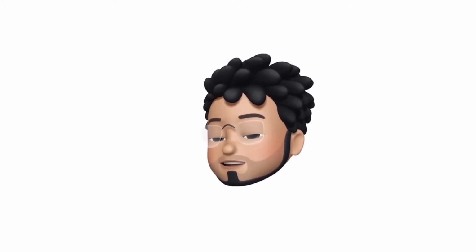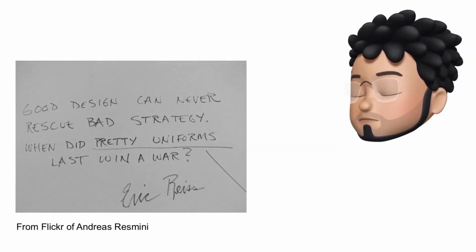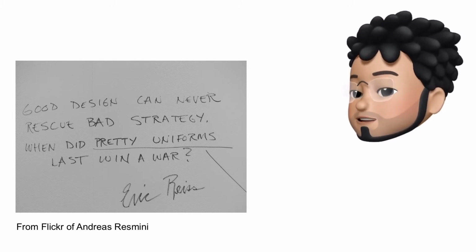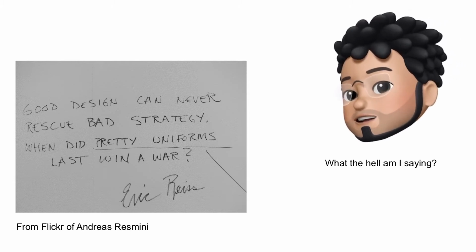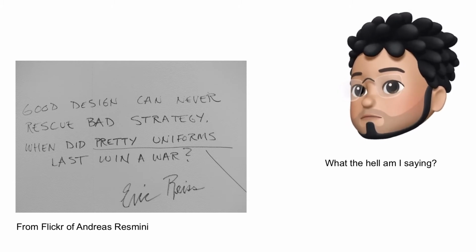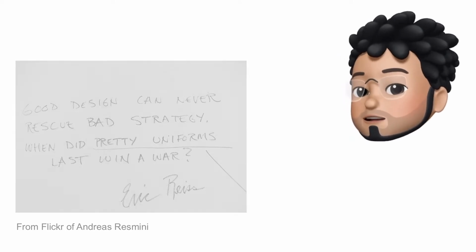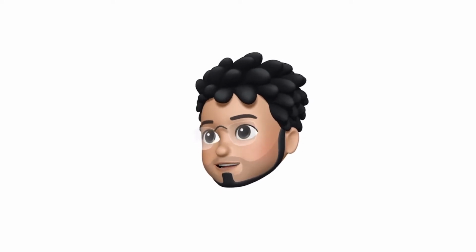There's a saying by some person, I don't remember exactly. I read this on, I guess, Pinterest as well. There is a saying that a good strategy can never cover a bad design, and a pretty design can never cover a bad strategy. I'm not sure who said this, but it's a pretty good saying, and it kind of proves the point.